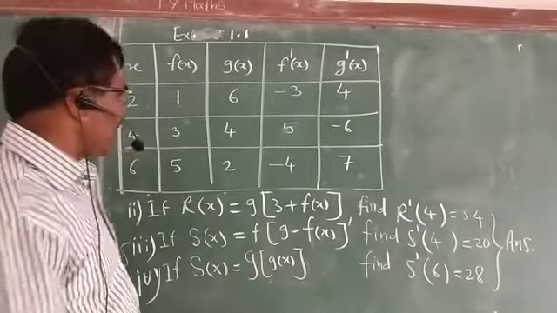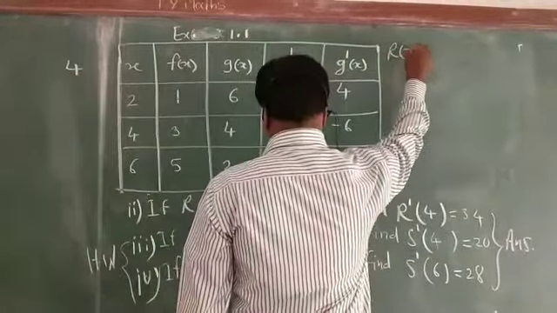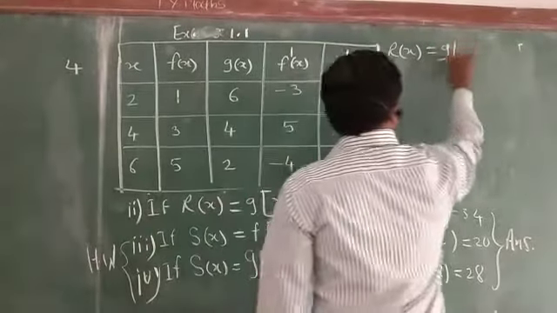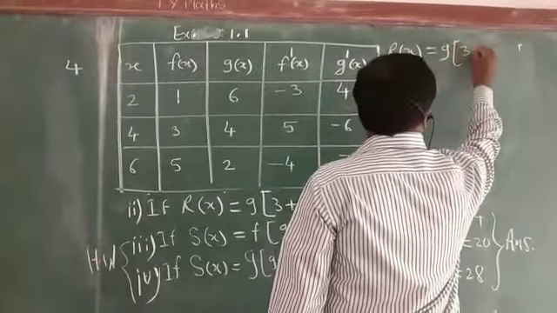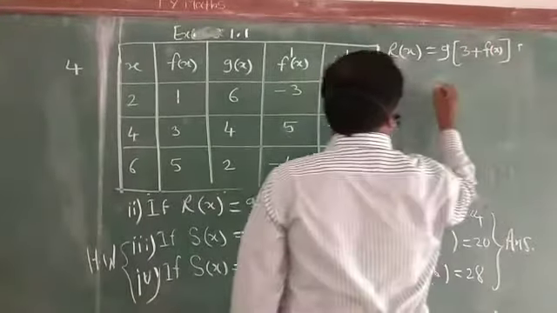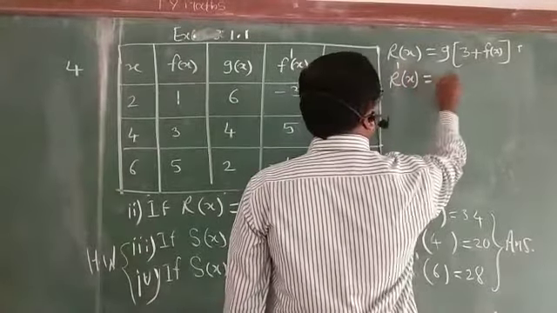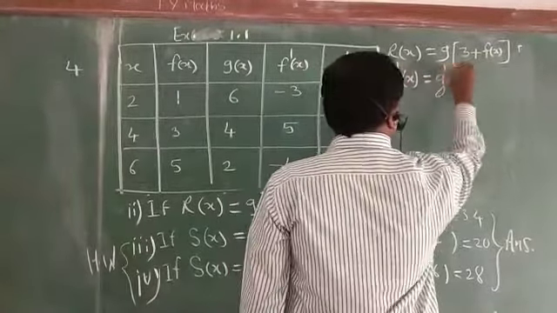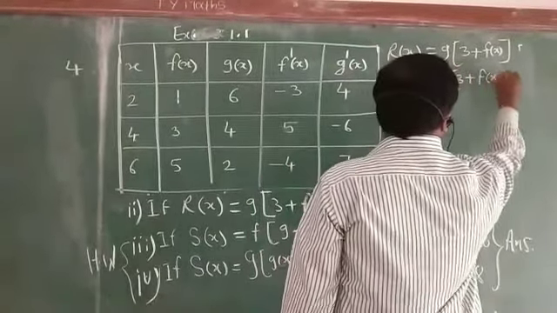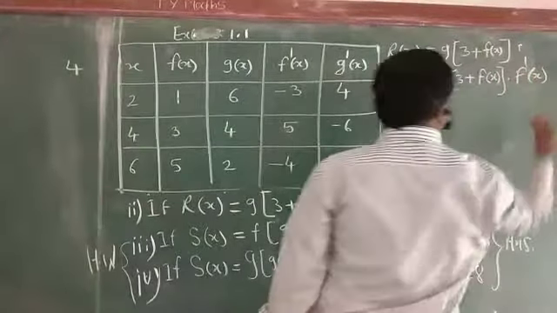Example number 2, r of x equal to g bracket 3 plus f of x. R dash x equal to g dash 3 plus f of x into f dash x.